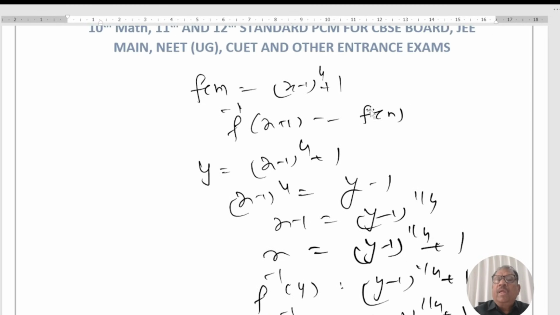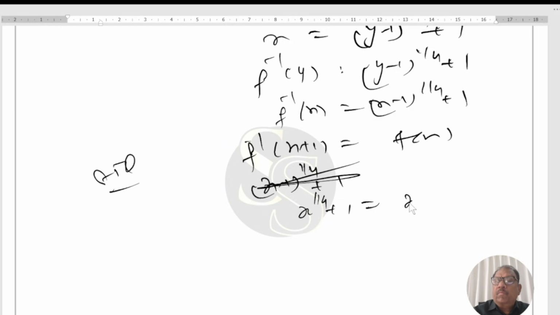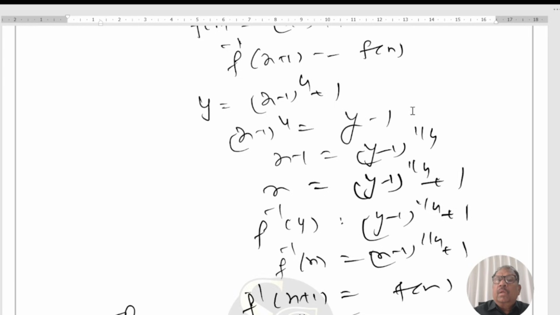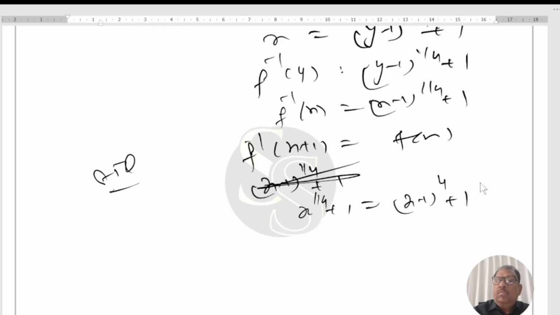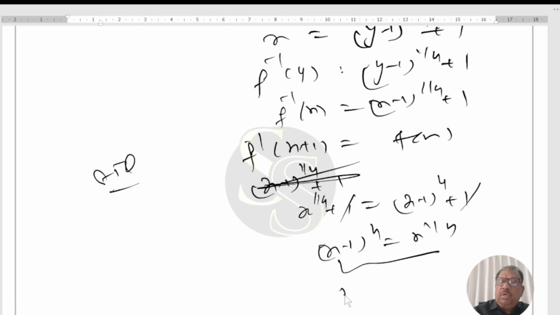f(x) is given as (x minus 1) to the power 4 plus 1. So (x minus 1) to the power 4 equals x to the power 1 by 4. So it is not an empty set.